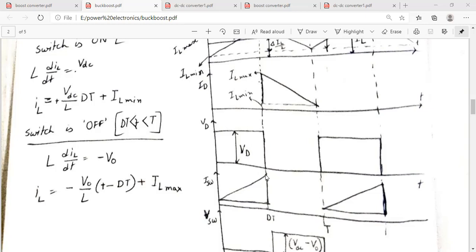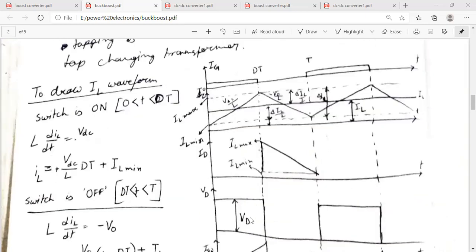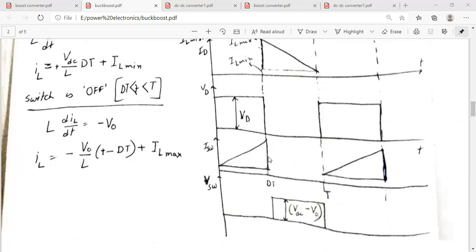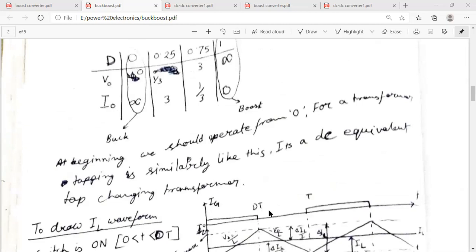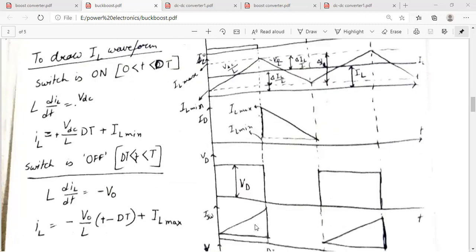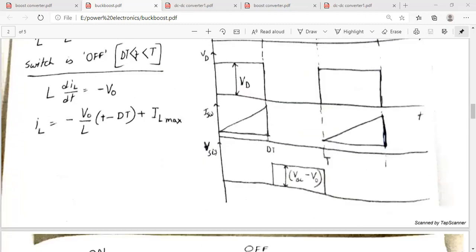Switch current is there during on time, and this will follow simply the inductive current, since the inductance is there in between. Whether it is a switch or a resistance, the slow charging will be reflected in every component. Even if there is a resistance there, you will get the slow increment of the current or voltage waveform. So this is the switch voltage signal, this is VDC minus V naught.